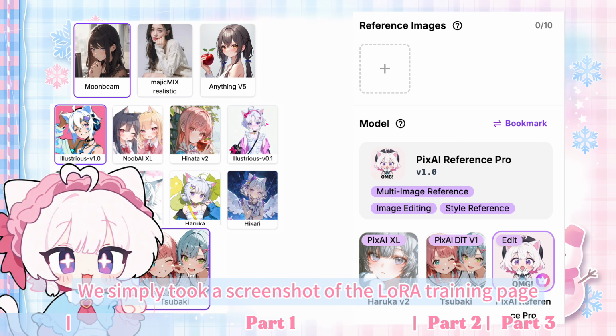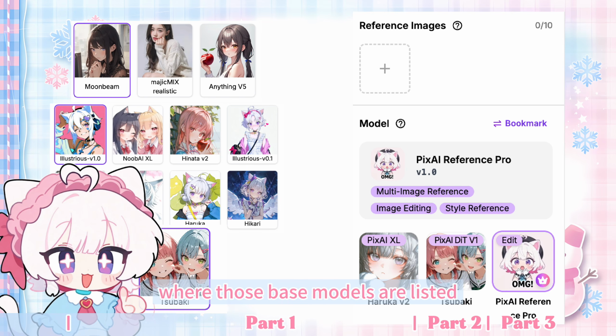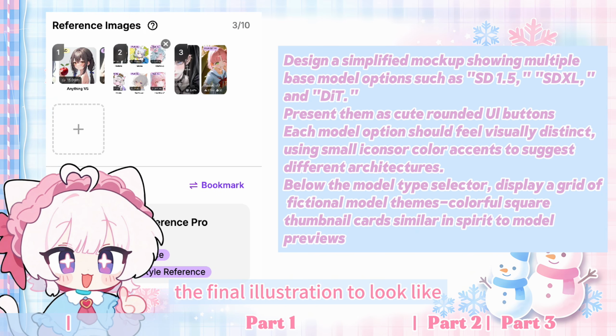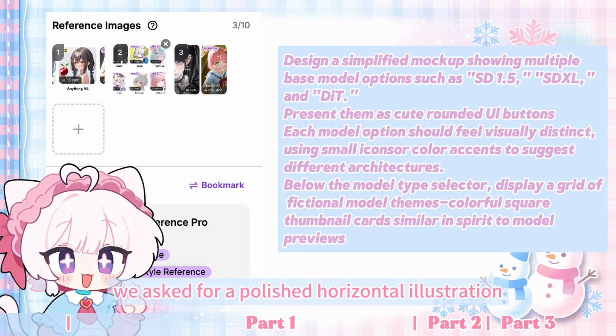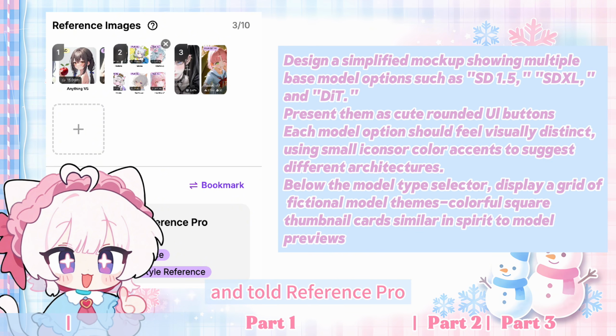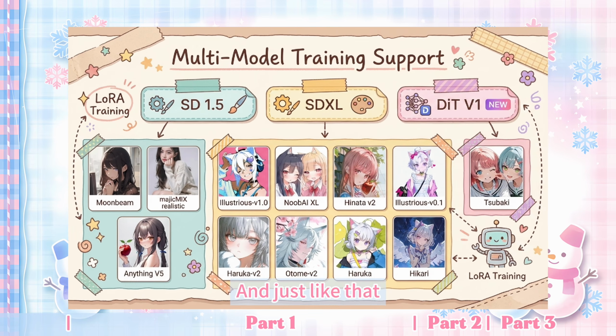We simply took a screenshot of the LoRa training page, where those base models are listed, uploaded it, and then described what we wanted the final illustration to look like. We asked for a polished horizontal illustration that visualizes multi-model training support and told Reference Pro to turn the model options into clean, rounded UI buttons, each with its own visual identity. And just like that, the poster was created, clean, readable, and visually clear.